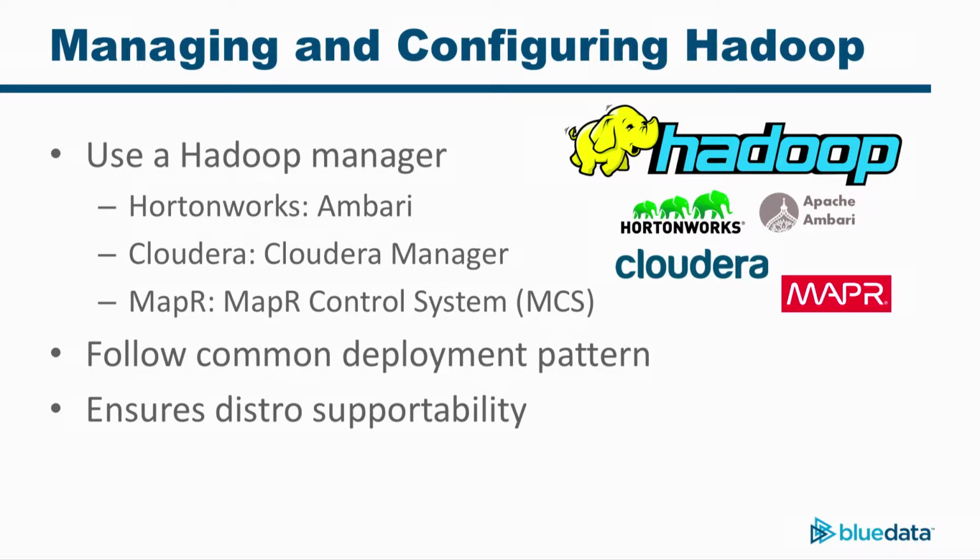Each distribution has a very specific way by which those clusters should be run. If it's Hortonworks, you want to use Ambari, and you have to use that common deployment pattern so that you get supportability. These cluster managers themselves are quite complicated, so you have to think about that.